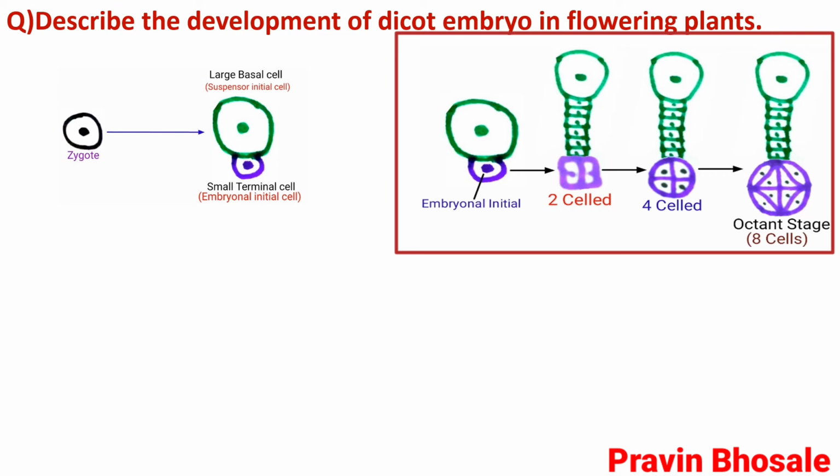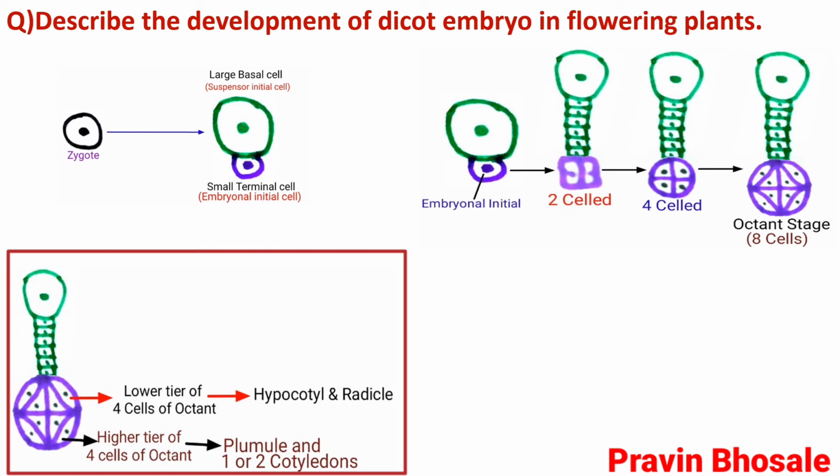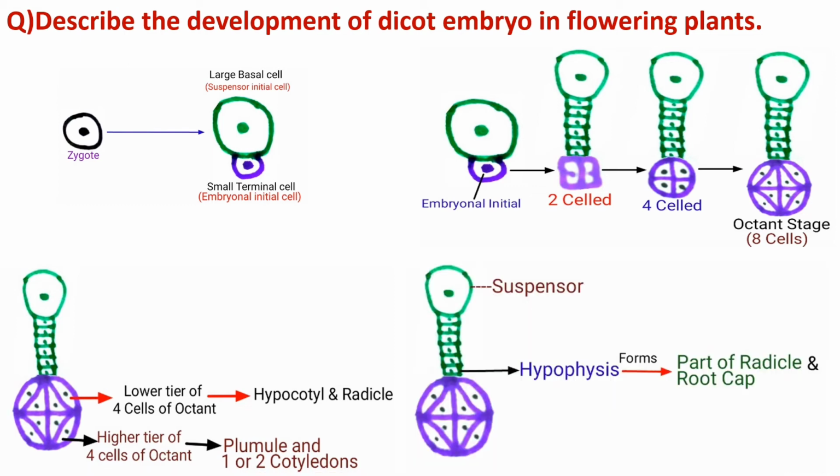Embryonal initial divides to form an 8-cell stage structure, that is the octant stage. Here the lower tier of 4 cells of the octant forms hypocotyl and radicle. The higher tier of 4 cells of the octant forms plumule and cotyledons. So here there will be 2 cotyledons.